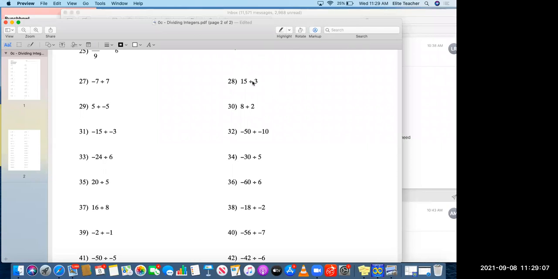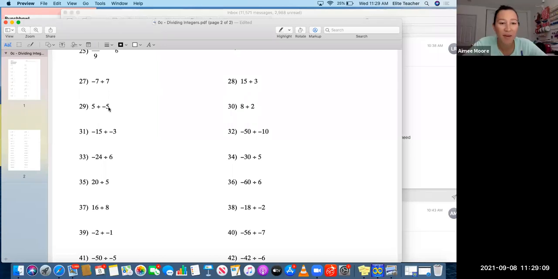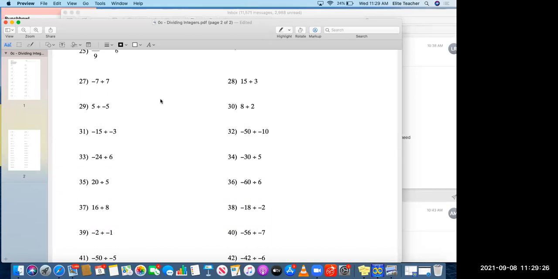Oh, we don't have 5. -3. Excellent. 5 divided by -5. So they're different signs, right? So we know it's going to be a negative, and then 5 goes into 5 how many times? 1. -1. Yep, so -1.